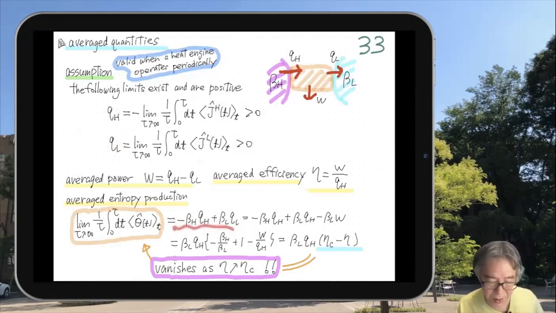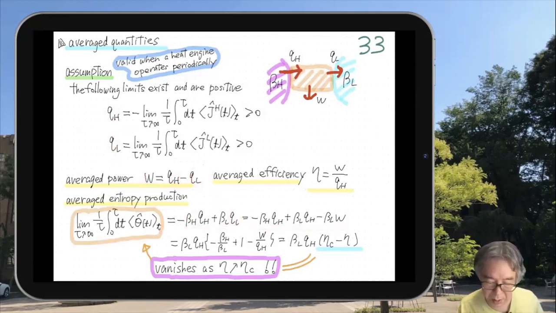And this is just the consequence of the definition. But let's recall that Q_L, Q_H, W are related by this. So I substitute Q_L equals Q_H minus W to rewrite this like this.